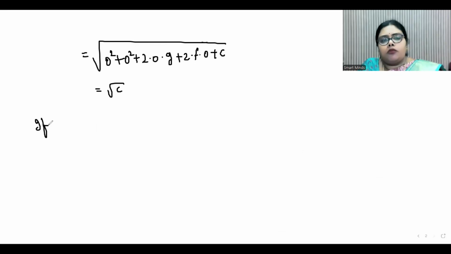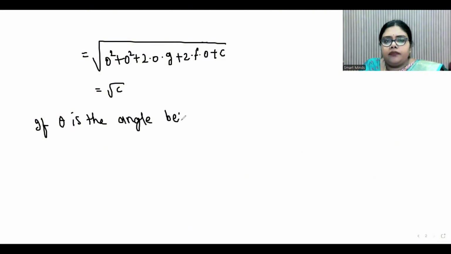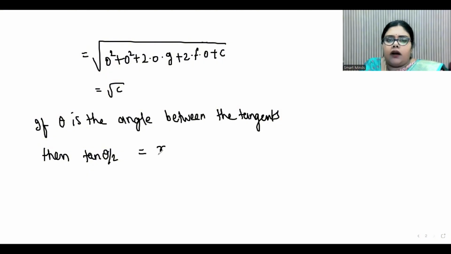Now we have a formula. If theta is the angle between the tangents, then tan theta by 2 is equal to r by root S11. We got root S11 as root c.